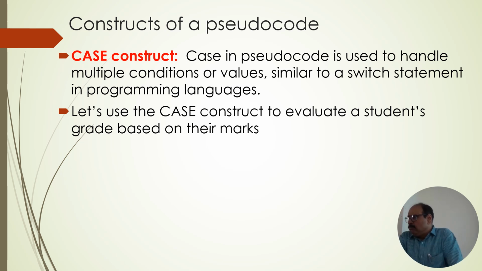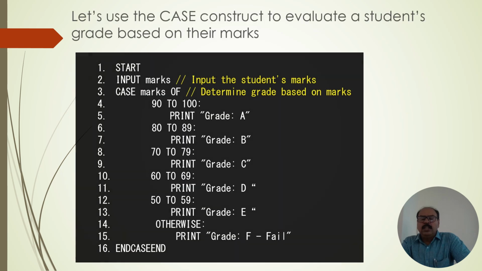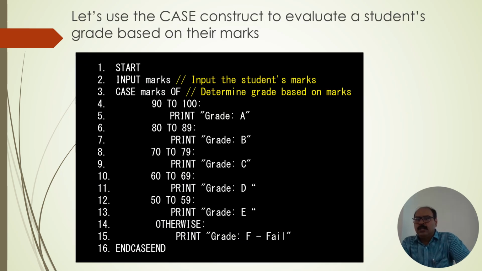But in case construct, you can have more number of conditions. Or if you have more number of conditions, it is better to construct the pseudocode using case rather than if. Next, we'll see an example using case construct.